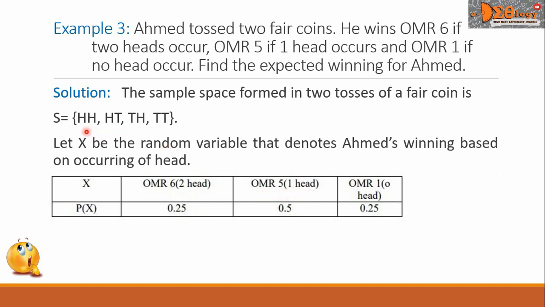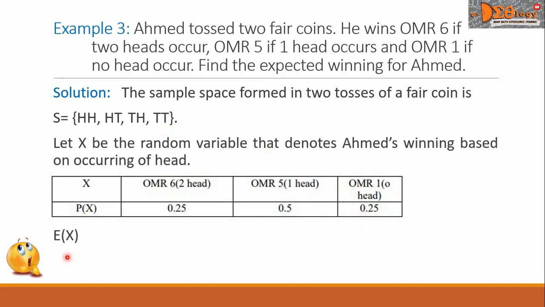In our sample space, there are 2 sample points that correspond to 1 head, and those are HT and TH. It means probability is 2 over 4, and that is 0.5. For 1 Omani riyal, that corresponds to 0 heads. We have here 1 sample point, the TT. So the probability is 1 over 4, and that is 0.25.